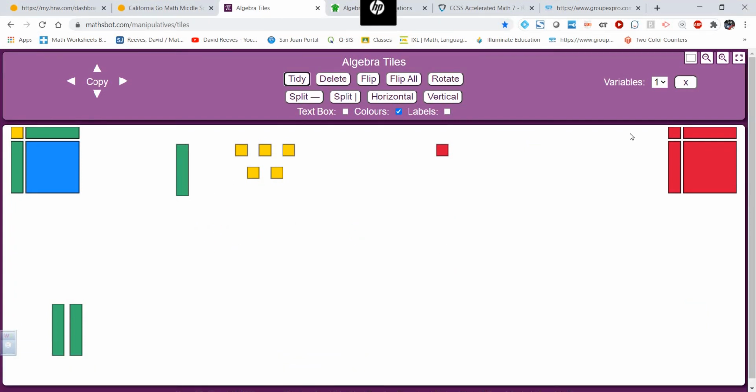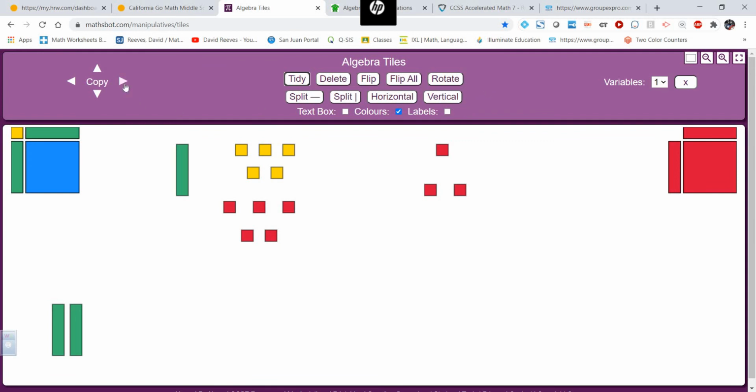My goal is to get the x by itself. So I'm going to go 1, 2, 3, 4, 5, right? 1, 2. Uh-oh, I'm out, so I'm going to have to do some copying here. All right, where's the copy?